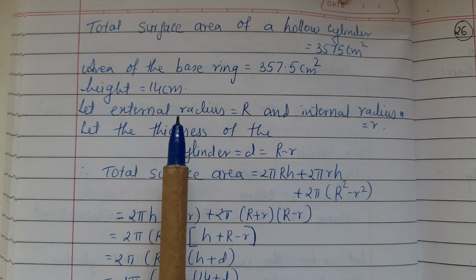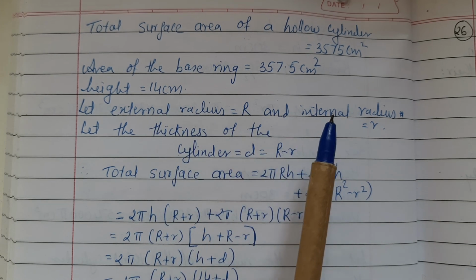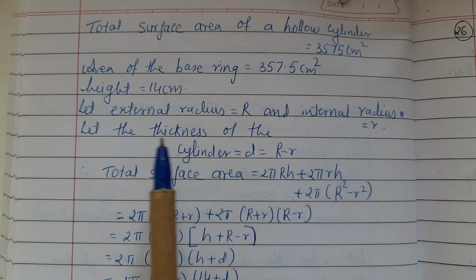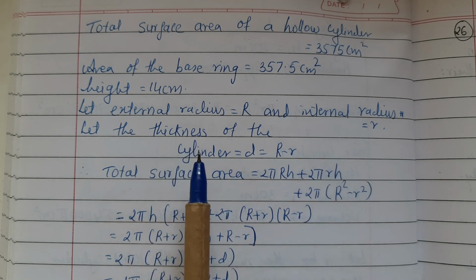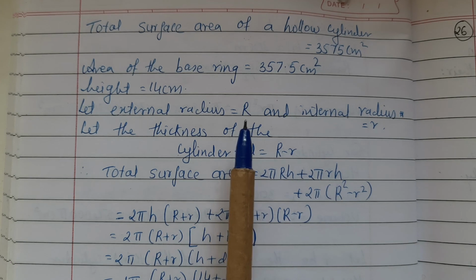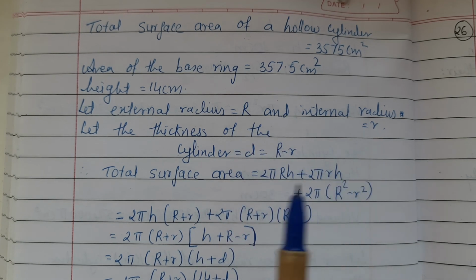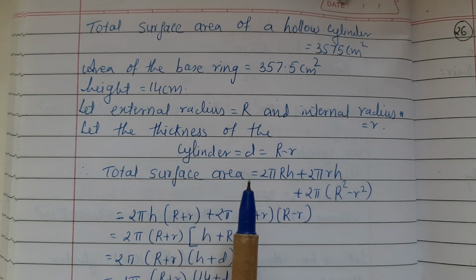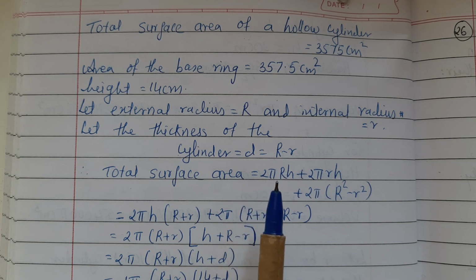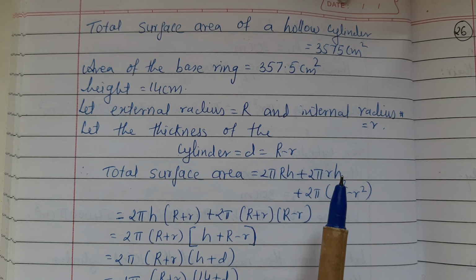Let external radius be capital R and internal radius be small r. Therefore thickness of the cylinder d will be capital R minus small r. Total surface area is equal to 2 pi capital R h plus 2 pi small r h plus 2 pi, capital R square minus small r square, which is equal to 2 pi.